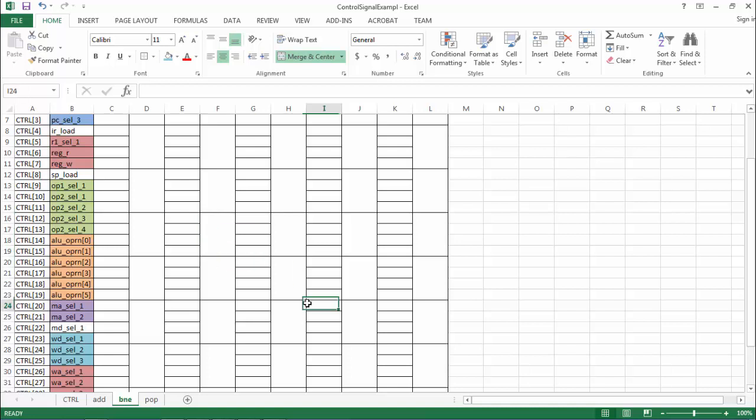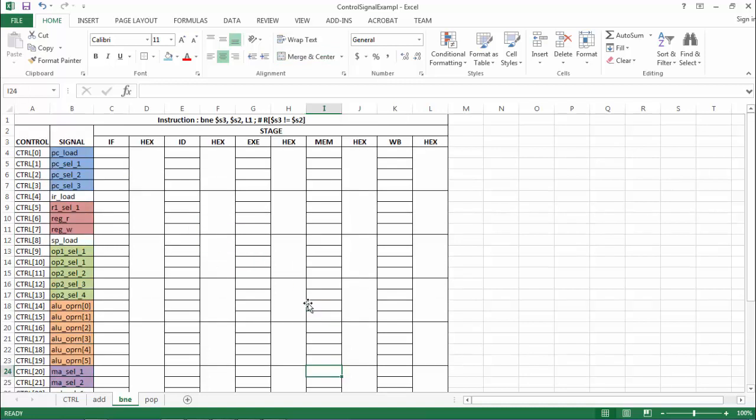As we understand more about how these signal assignments are done here, for BNE, okay, definitely we want to do a PC load here. So PC selection doesn't matter, right? PC load here. Oh no, sorry, wait a minute. No load. We don't want to load anything here. At this point, we don't want to disturb the instruction register.